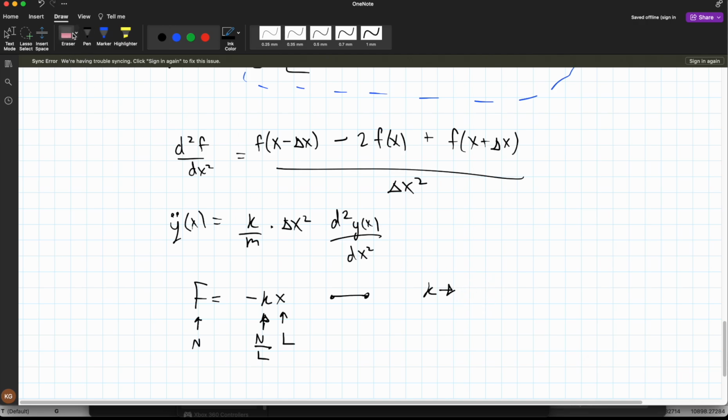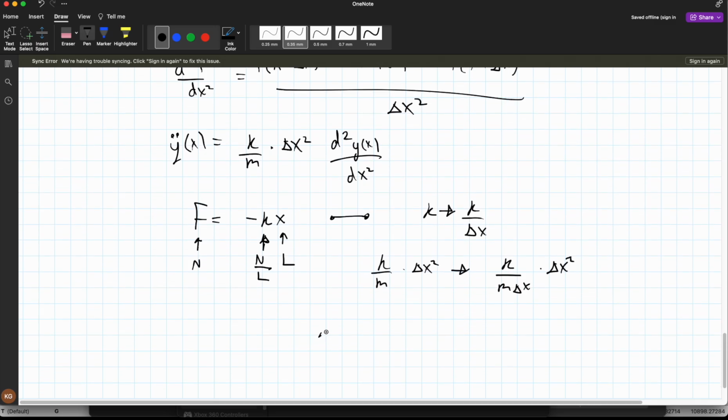Eraser. k, when x goes really small, gets divided by delta x because we have the units of L. So that would mean k over m times delta x squared goes to k over m delta x times delta x squared. So one of those delta x's cancels. We have some intrinsic property k over m delta x. Okay, now we need one more delta x to cancel.